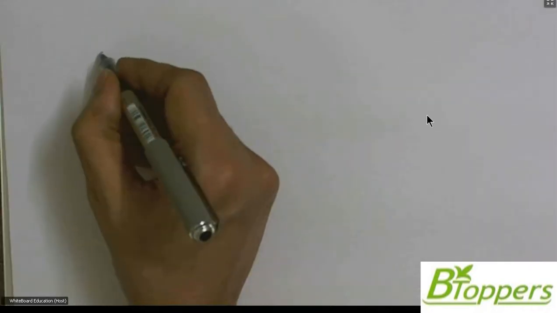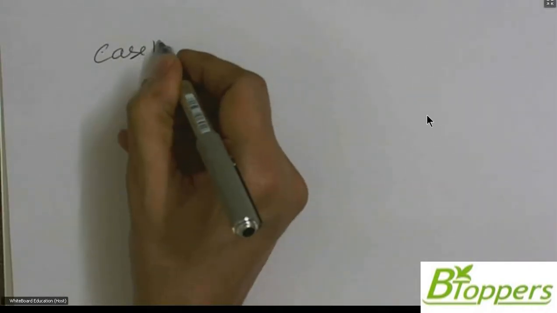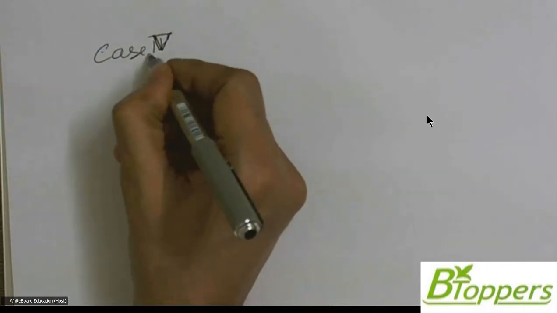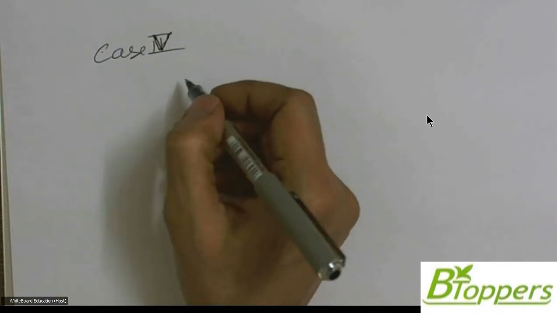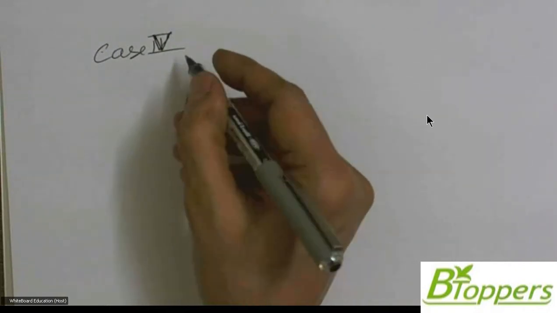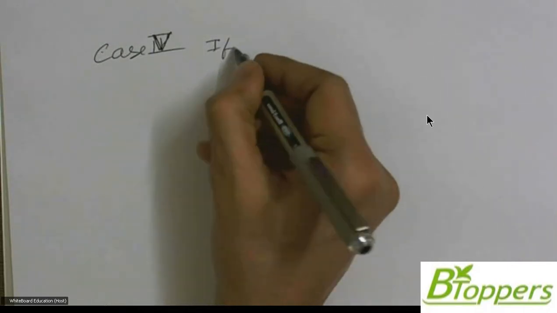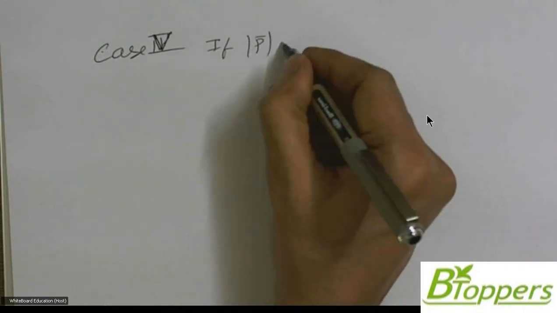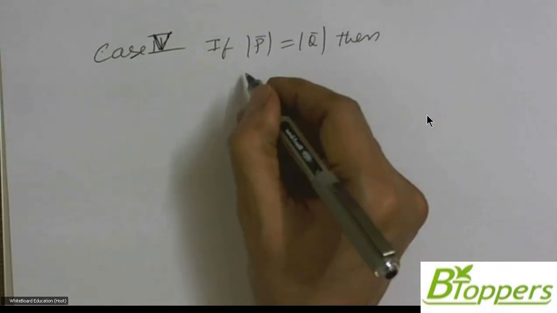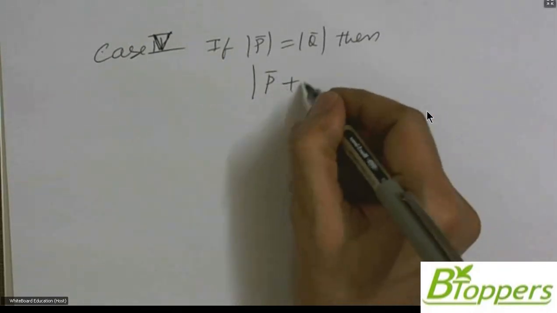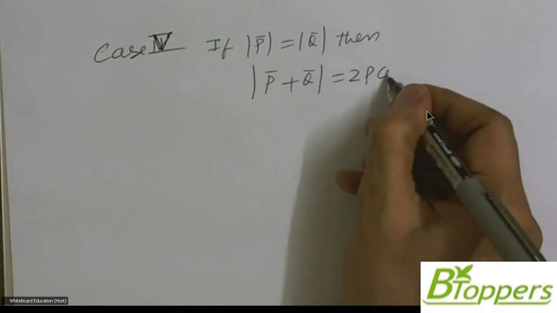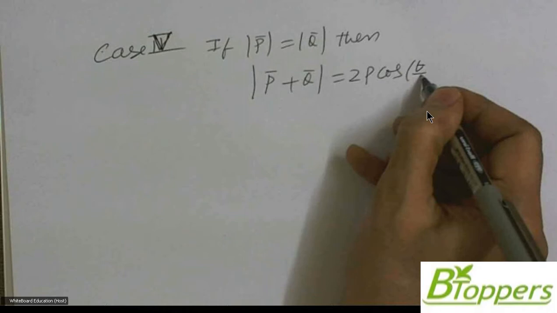Then coming to case 5. As we have seen in the previous case, if the two vectors p bar and q bar have same magnitude, then the magnitude of the resultant of p bar and q bar is equal to 2p cos theta by 2.